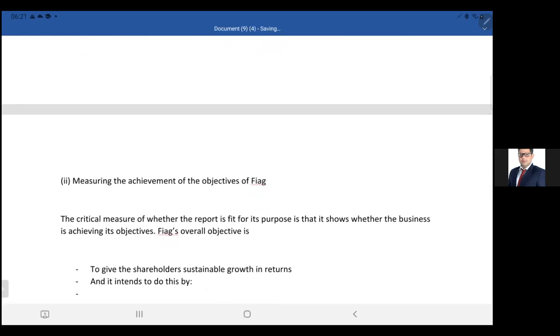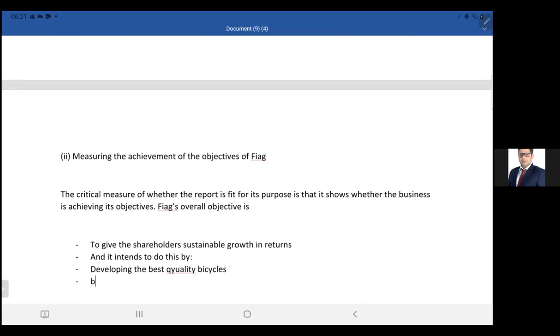Developing the best quality bicycles, bringing the joy of cycling to a broad customer base in B-land. Okay.